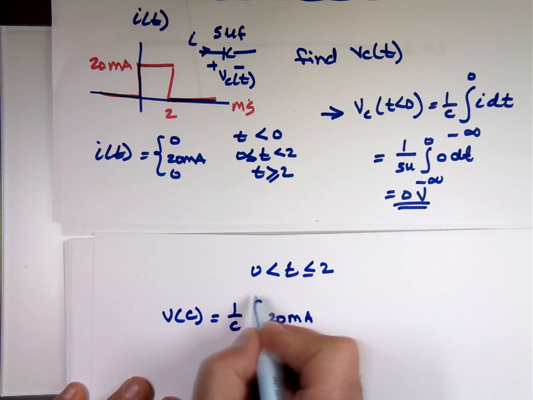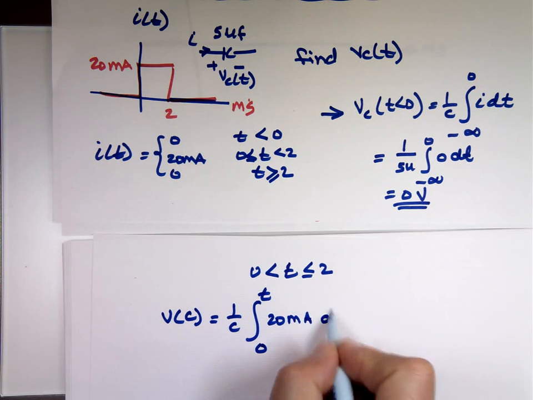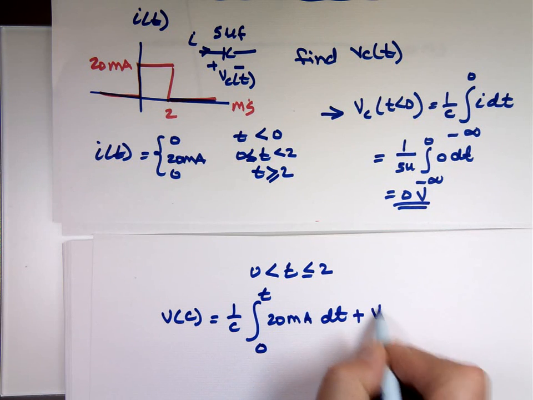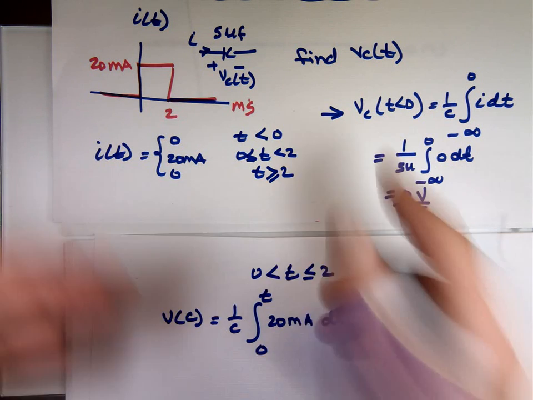To t, any given time, right? dt plus the voltage at 0. If you're starting at 0, you want to add the voltage at 0 to that. I didn't add the voltage at negative infinity. That was 0.